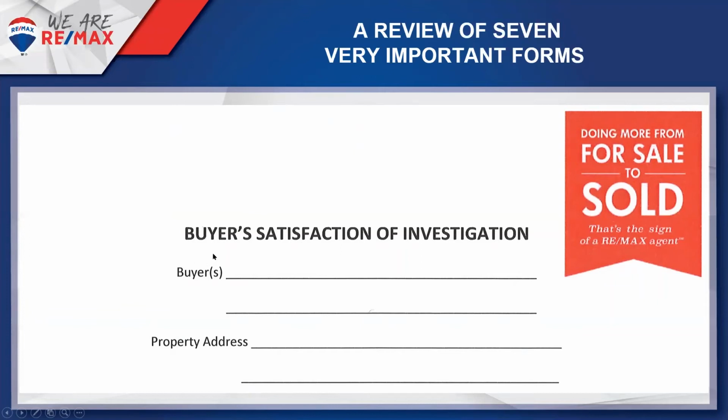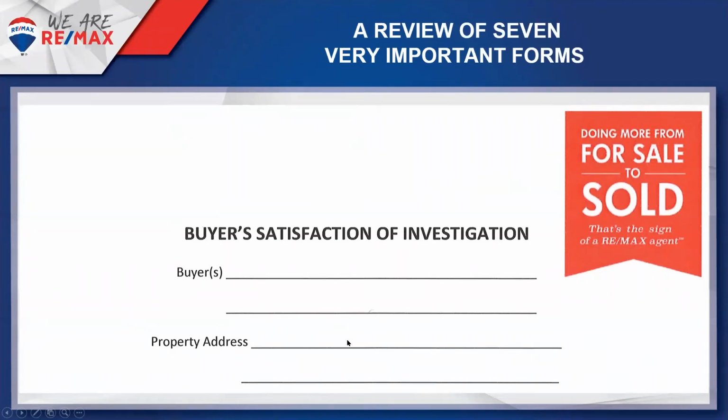With the help of our attorney at the time, I created this form to address issues in the BMI. So the buyer lists something in the BMI, and we want to make sure we document that the buyer is satisfied that those issues were adequately investigated and the buyer wants to proceed. So this form is critical.